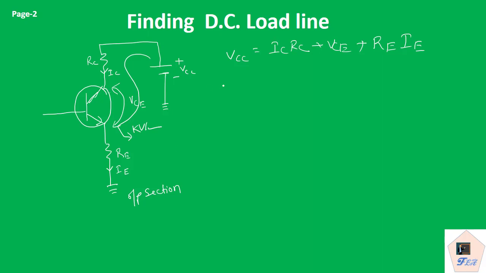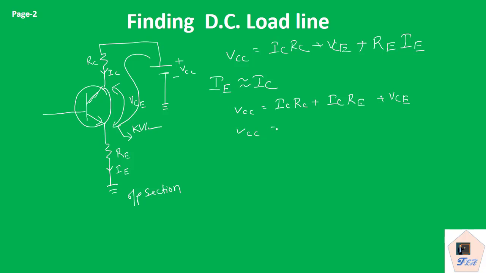Now if you remember, in our discussion of self-bias, we have assumed IE is equivalent to IC, since IB is very small compared to IC. So we can rewrite this equation as VCC equal to IC RC plus IC RE plus VCE.